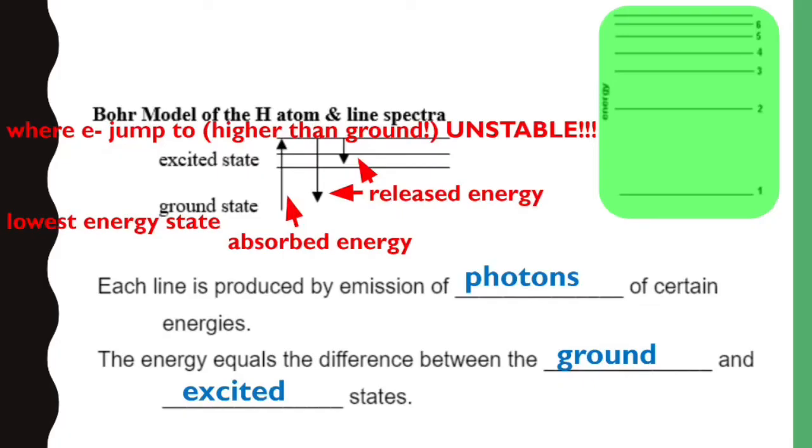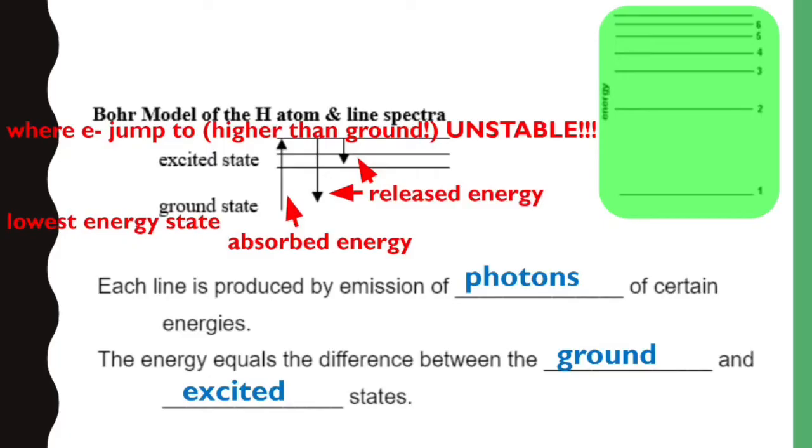Then it's going to fall down, and it's going to release either the exact same amount of energy it absorbed if it falls right back down to the ground state, or sometimes it falls a little bit of the way, the first step, and then a little bit more. So sometimes we can have more than one different amount of energy released, even for the same amount of energy put in, which is why we can end up with multiple lines in our emission spectrum.